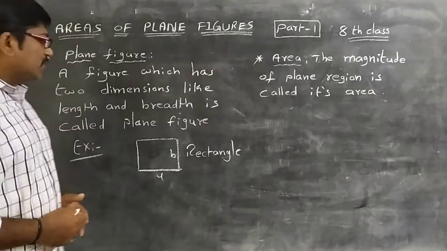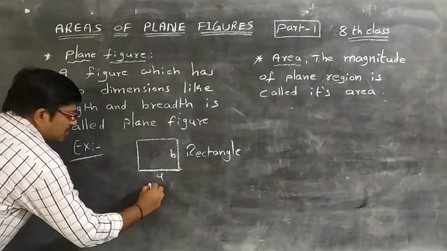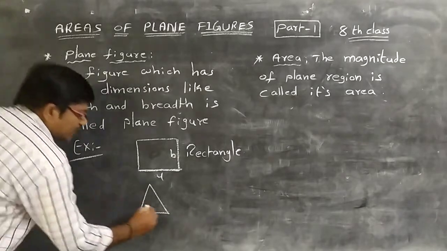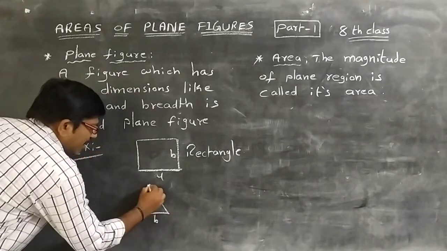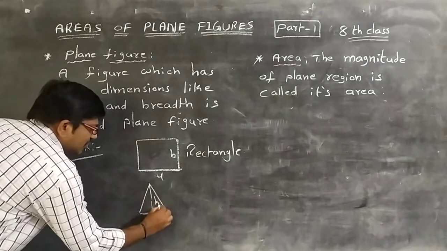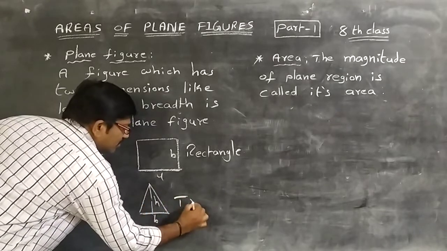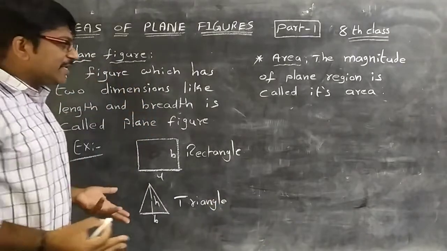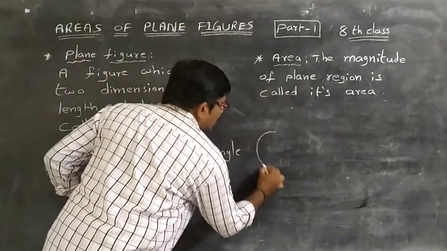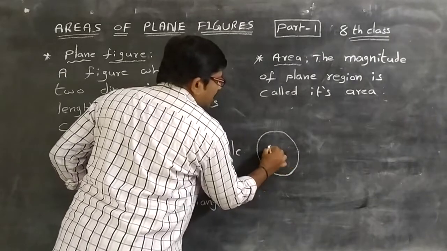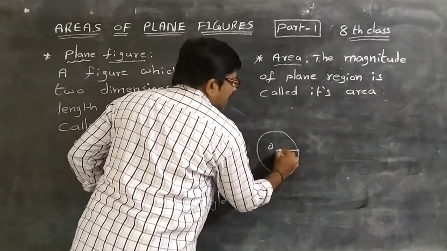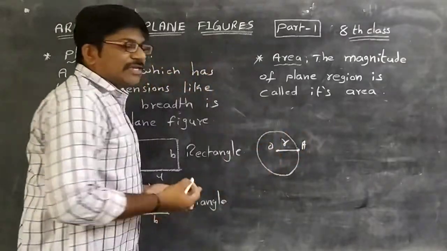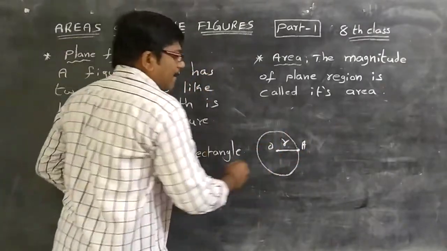A triangle is also a plane figure. It has base B and height H. And the circle is also a plane figure. O is the center of the circle, and A is a point on the circle, so OA is the radius. Circle is also a plane figure.